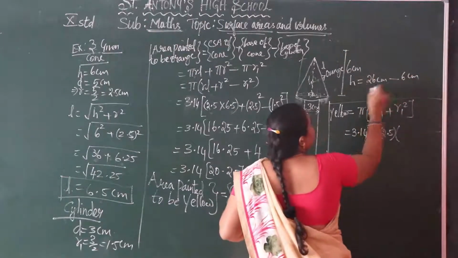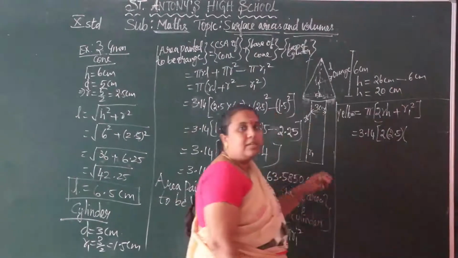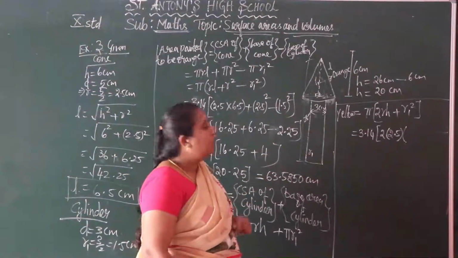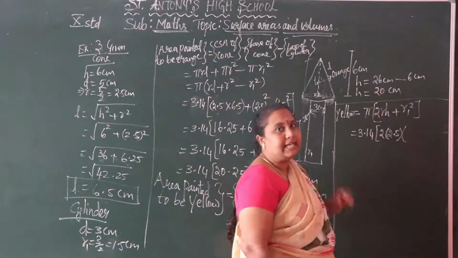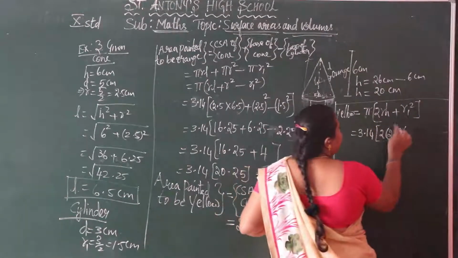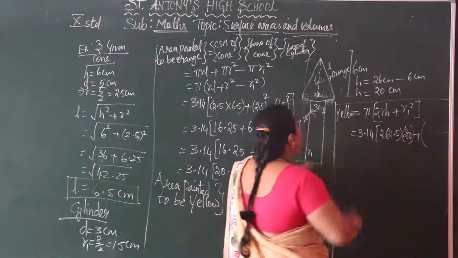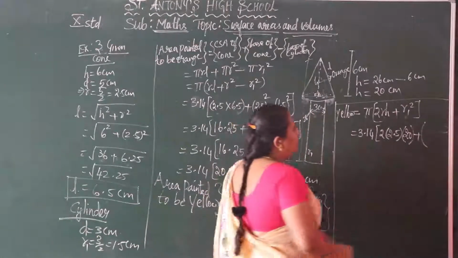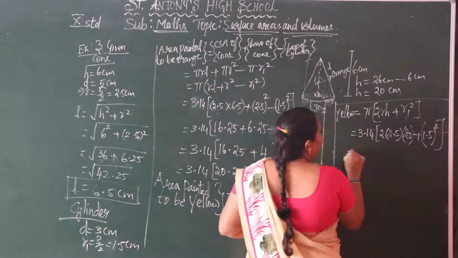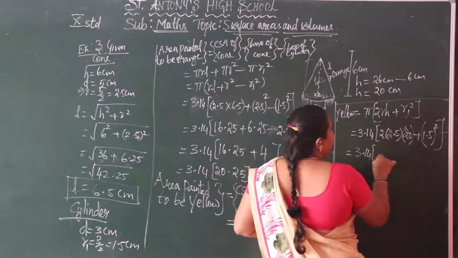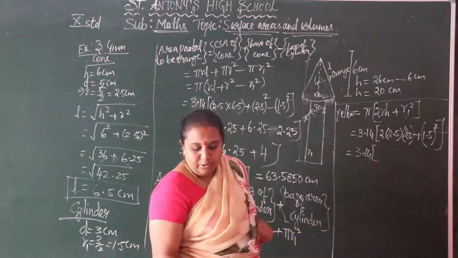So h equals 26 minus 6, which is 20 centimeter. Plus r1 square, where r1 is 1.5 centimeter, so 1.5 square. Now we have to multiply all this.